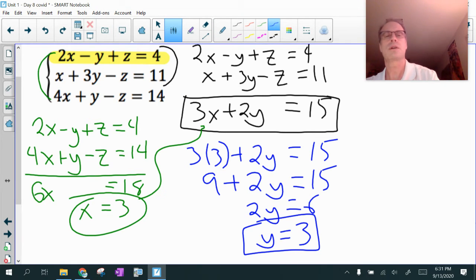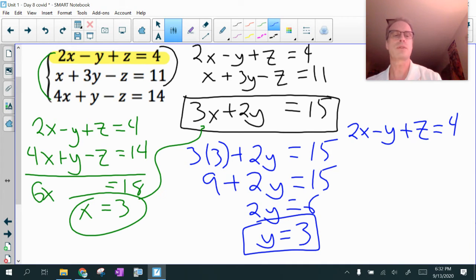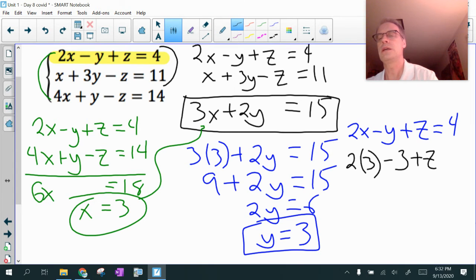I'm looking at 2x minus y plus z equals 4. And I'm going to substitute in the values that I've got. So I know that x is 3, so it's going to be 2 times 3. And down here, I've got that y is 3, so minus 3 plus z equals 4.